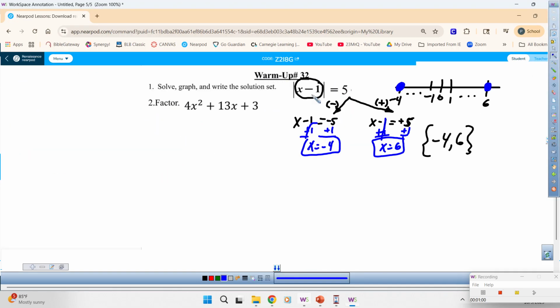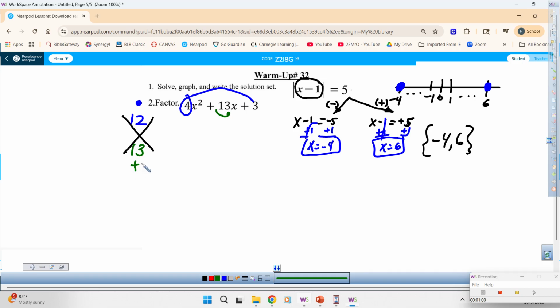Number 2, factor. Question. Is there a number that divides 4, that divides 13, that divides 3? No. So, what number goes on top? Well, what is 4 times 3? 12. What number goes underneath? 13.